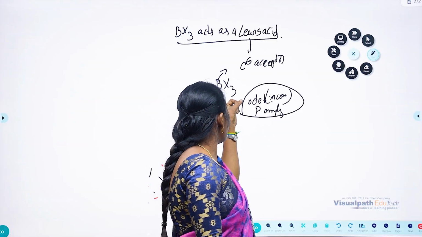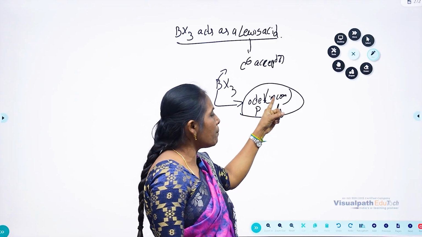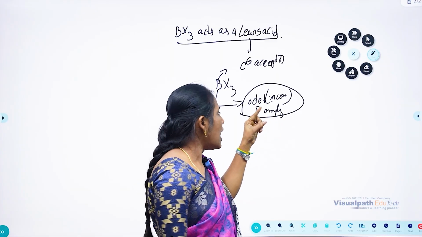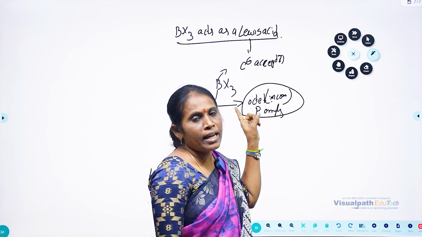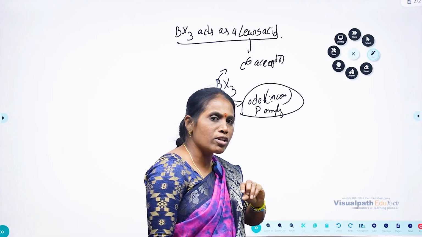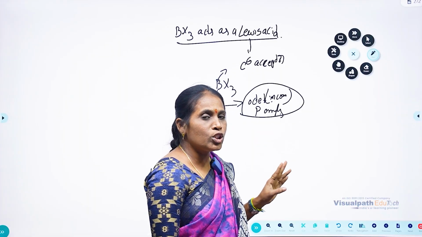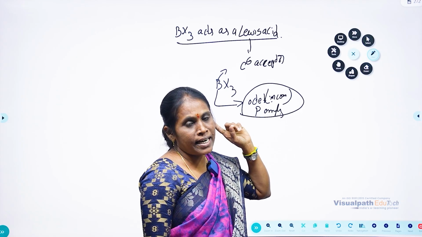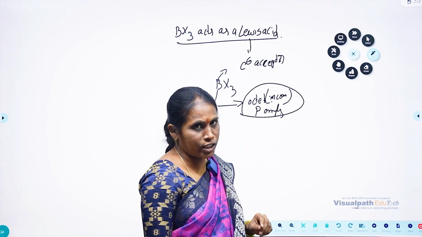Incomplete octet means its outermost shell doesn't have 8 electrons, and the p orbitals are also empty. So due to these two reasons, the boron atom is considered electron deficient.